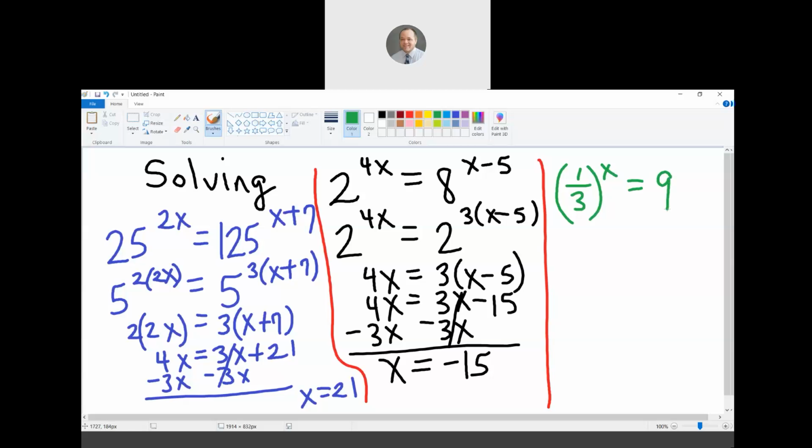Well, 1/3, we can rewrite that as 3 to the negative 1 power. And 9, we can rewrite that as 3 squared. So when we set our exponents equal to each other, we got negative 1x equal to 2. And our final answer there is negative 2.